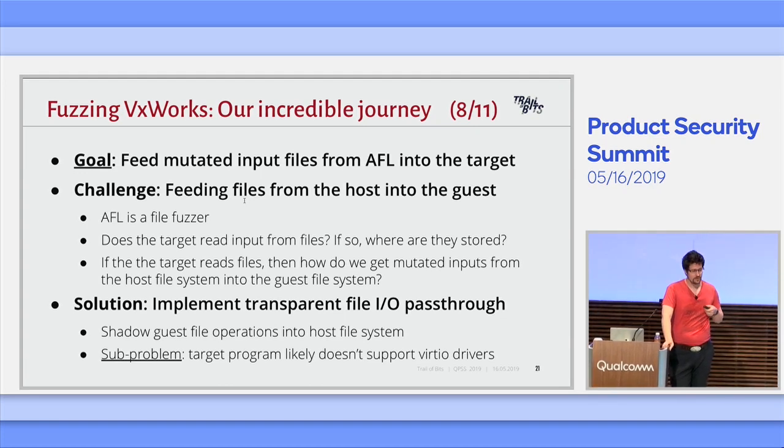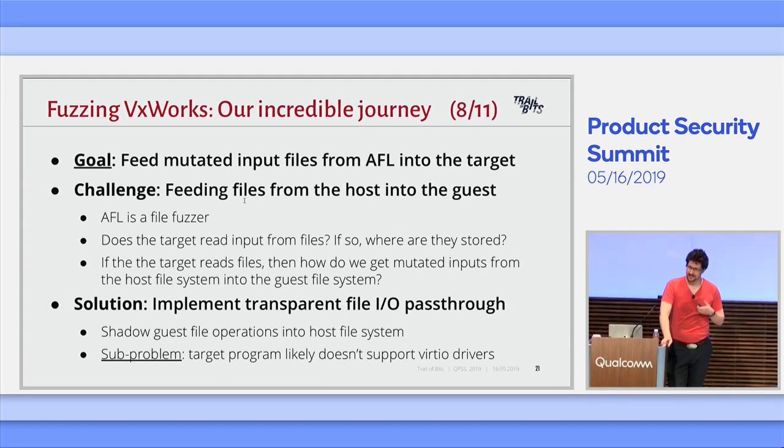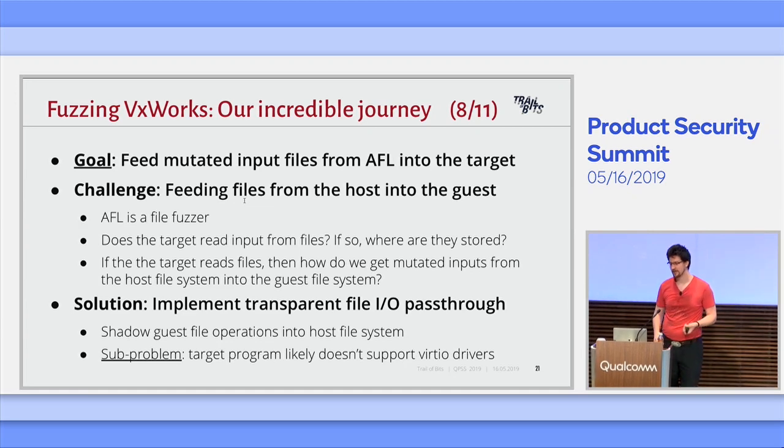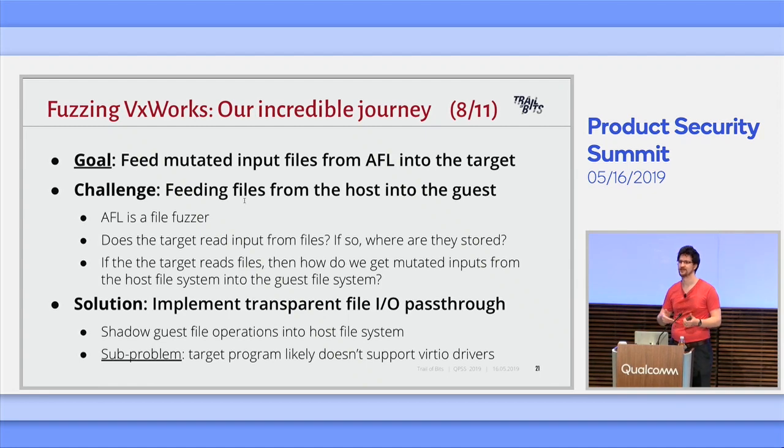And another thing, just to really underscore it, is that VxWorks is not like a monolithic kernel like Linux that you can just dynamically load a new module in. It's not prepared for something like VMware tools. It's not prepared with hypervisor support for VirtIO drivers.